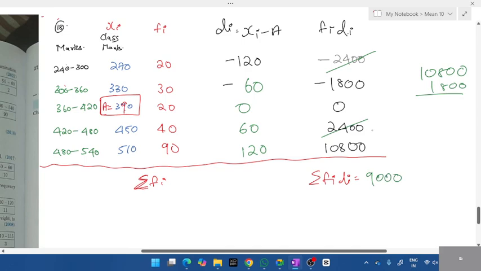You can quickly do the calculations like this. 9,000. Find the Fi. Calculate the final answer. 200.